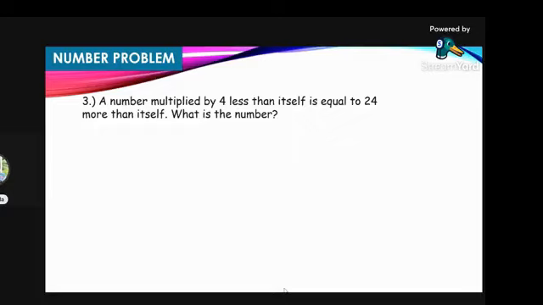Okay, Ma'am Diana, medyo mabilis si Ma'am Diana. Ma'am Diana answered 8. Sir Alfie answered 6. If we have choices, you could have guess and check or trial and error.